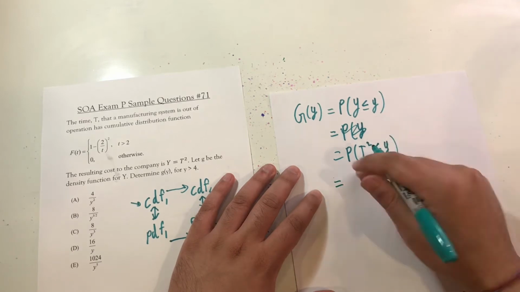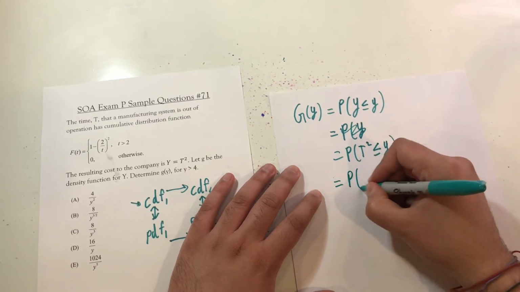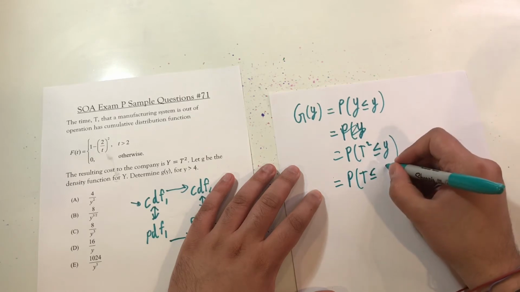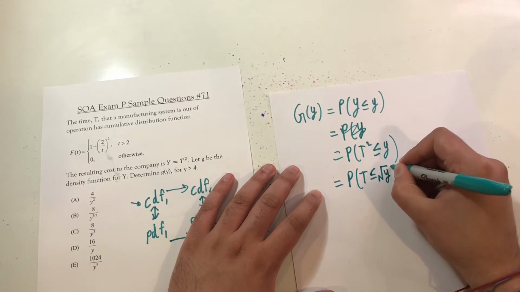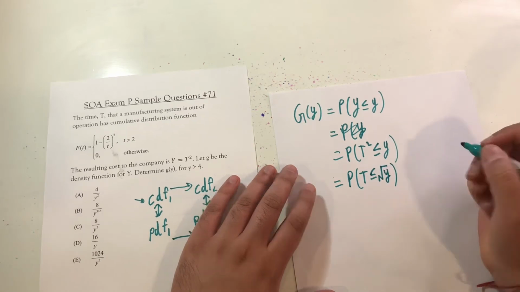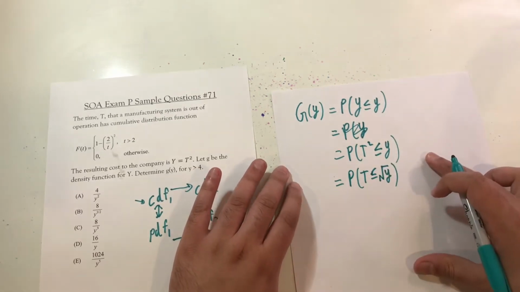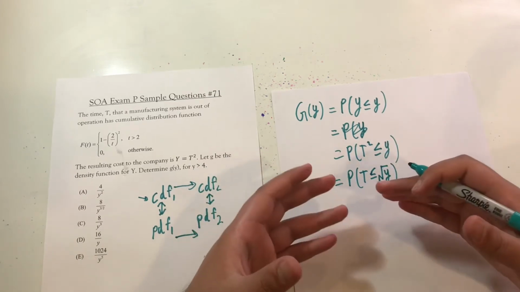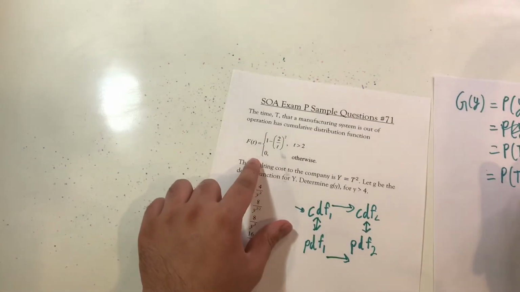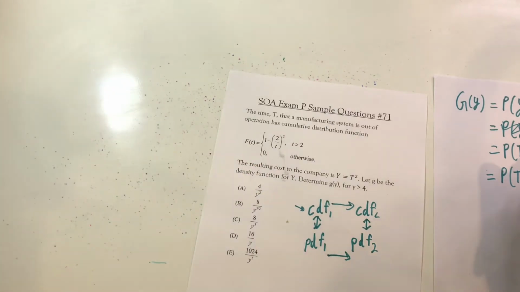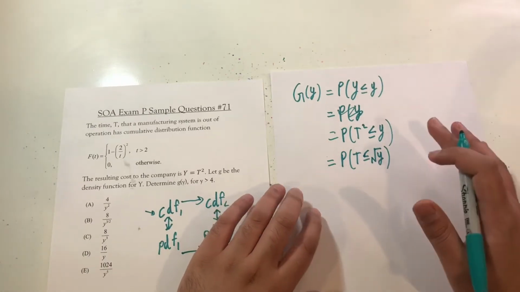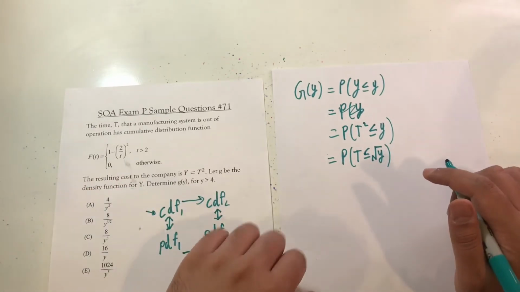And then I can isolate the t, and I get t is less than or equal to some square root y. All right, now this is the transformation I've done. I've taken the CDF for y and I've written it in terms of something I already have, right? I already know the cumulative distribution for t.